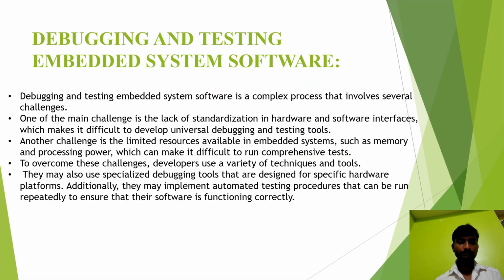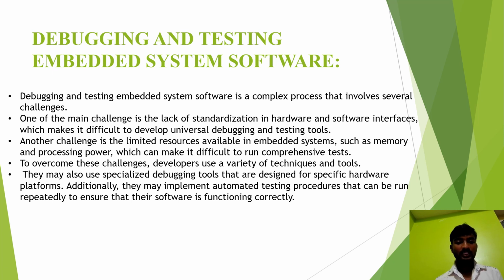How do we debug and test embedded system software? Debugging and testing embedded system software is a complex process that involves several challenges. One of the main challenges is the lack of standardization in hardware and software interfaces, which makes it difficult to develop universal debugging and testing tools. Another challenge is the limited resources available in the embedded system, such as memory and processing power, which can make it difficult to run comprehensive tests.